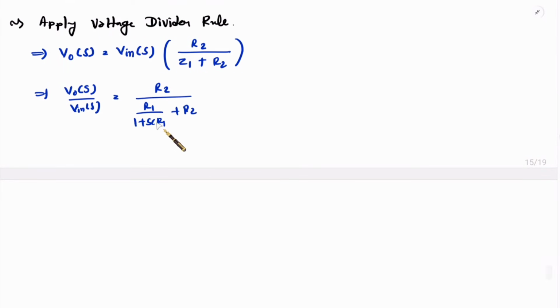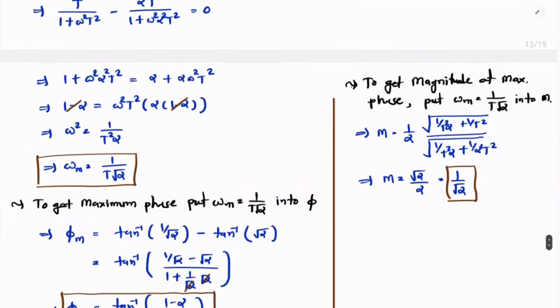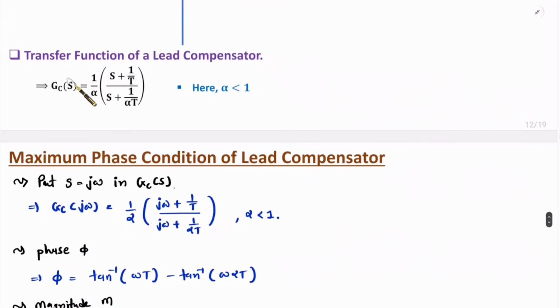If you take LCM of this, then this term will be multiplied with R2 over here, and in the denominator we will have R1 plus R2 plus R1 R2 SC. Now we need to represent this equation in standard form. You can observe here we have the standard form like this.